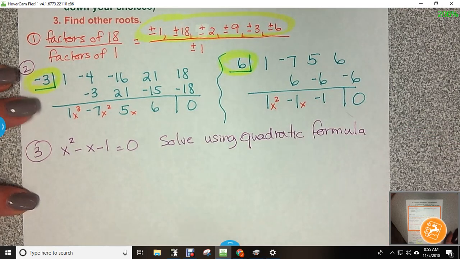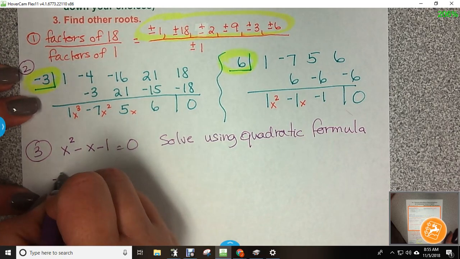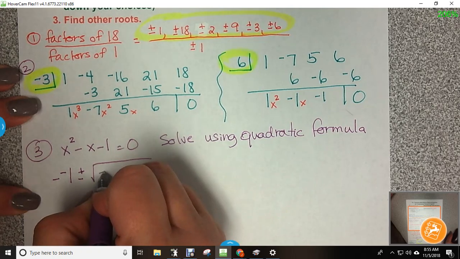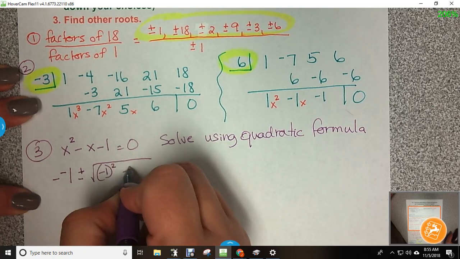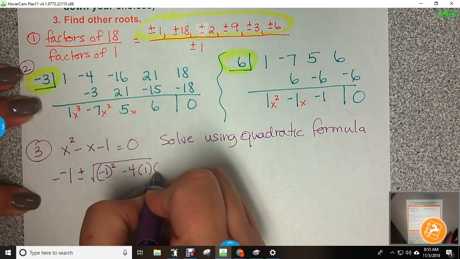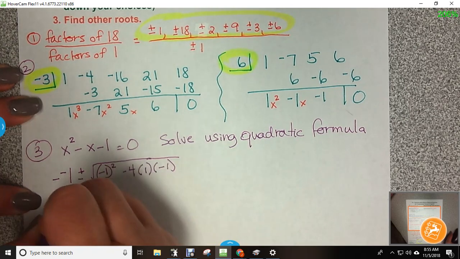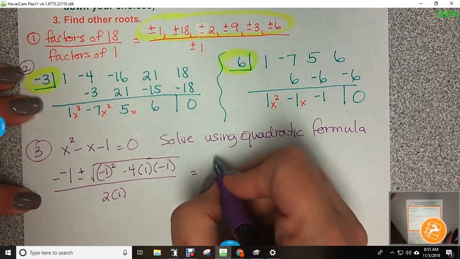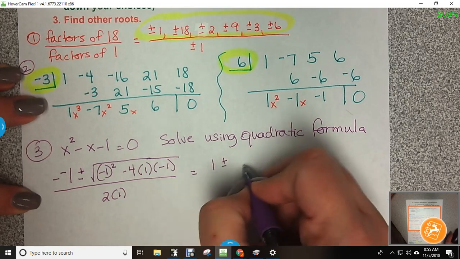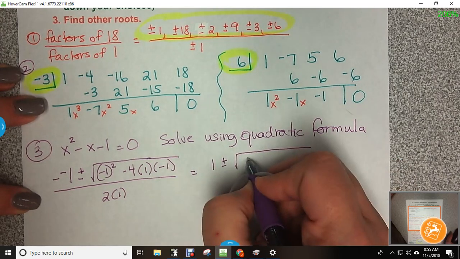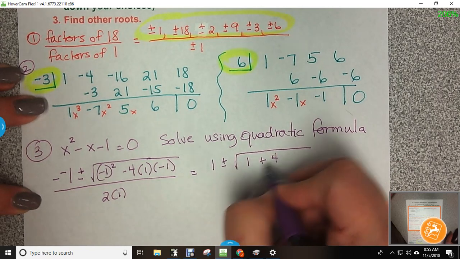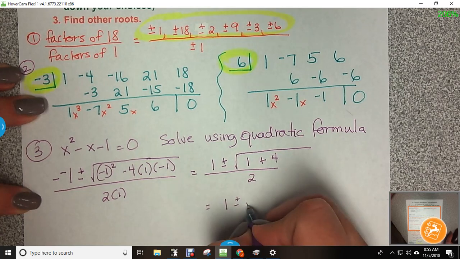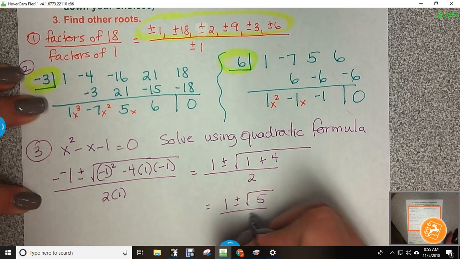Okay, so when I plug this in, I'm going to have negative b, so that is a negative, -1, plus or minus the square root of b squared minus 4 times a times c, and all of that goes over 2 times a. So I end up with 1 plus or minus the square root of 1 plus 4 over 2.